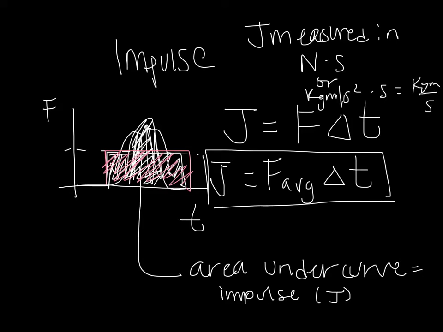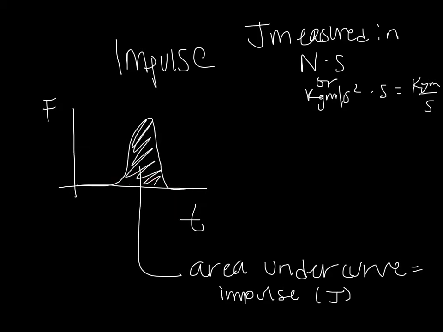Now let's talk about a theory called the impulse momentum theory. The impulse momentum theory says that the effect of an impulsive force depends on the impulse delivered to the object.